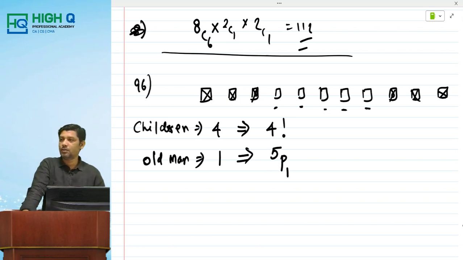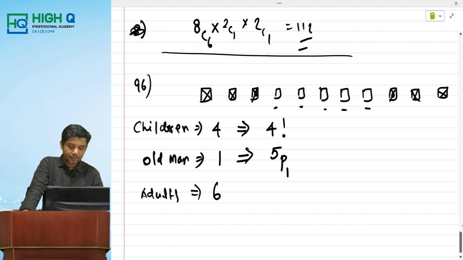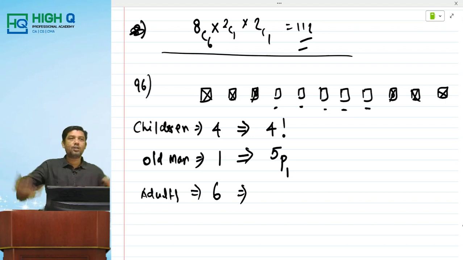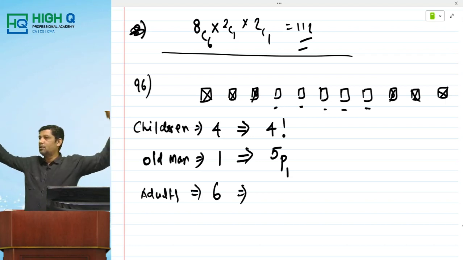Say yes or no? Yes. Now, for adults, do we have any condition? Total how many adults? 6. How many seats are now available? 6 only available, na? See, 4 children already occupied, 1 old man occupied. Out of 11 seats, how many got occupied now? 5. Remaining seats available are 6.